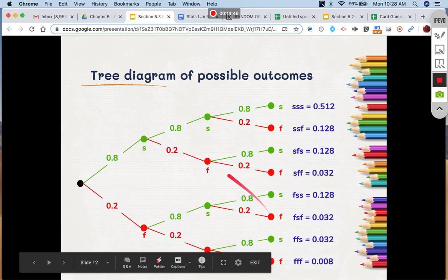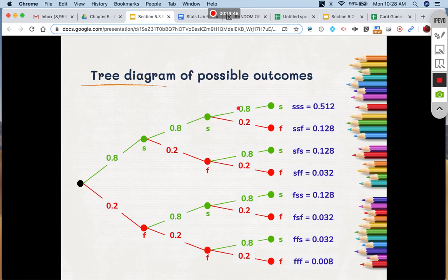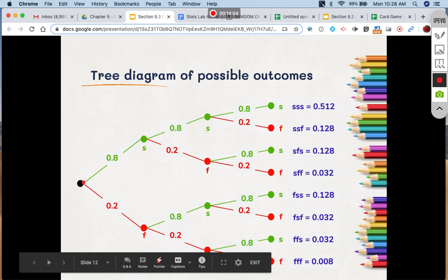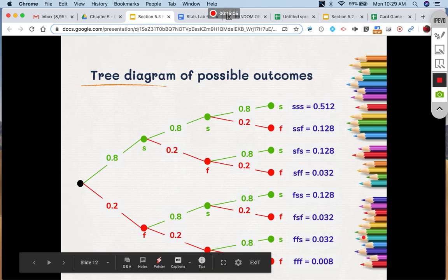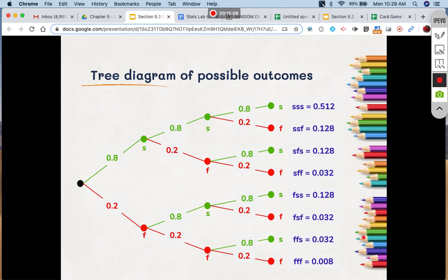And so we branch off this tree, and on each branch we put the probability. Then to find the probability of my 8 outcomes, I can just follow the branches: 0.8, 0.8, 0.8, 0.8, 0.8, 0.2, 0.8, 0.2, 0.8, and so on and so forth. So I can calculate the probability for each of my 8 possible outcomes from this Bernoulli trial.